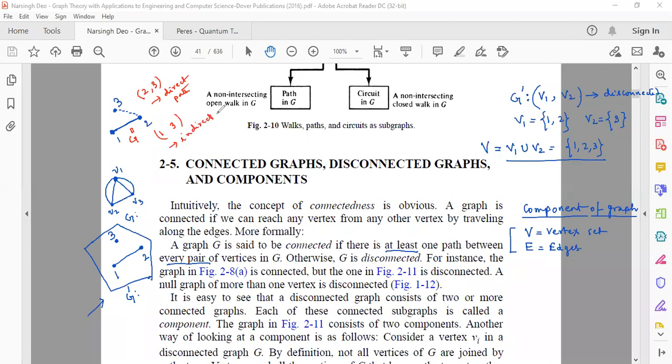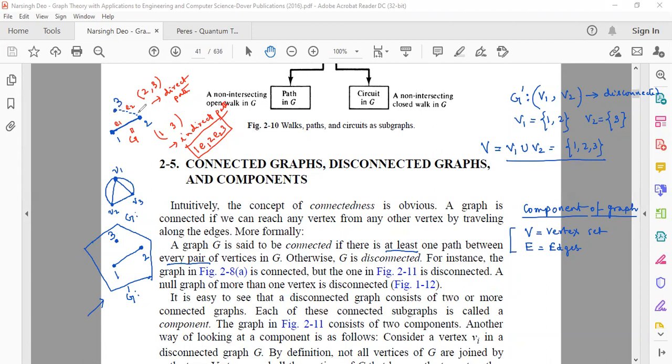What is this path? If I name this edge as E1, and this edge as E2, then between 1 and 3, we can get this kind of sequence: E1, 2, and E2, 3. So this is a path, and no vertex is repeating itself over here.